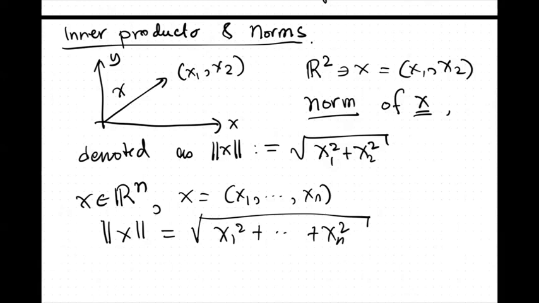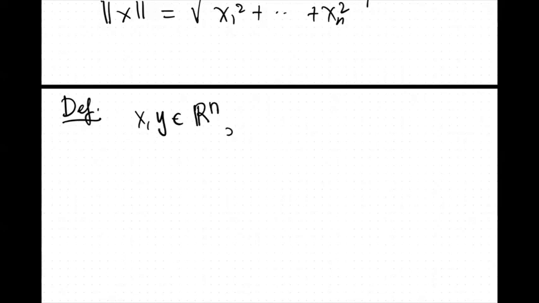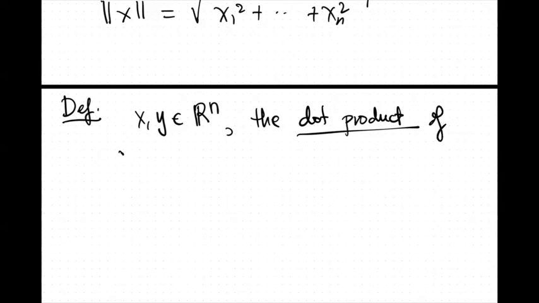Okay, let us define some elementary definitions from our calculus. For x and y in Rn, the dot product of x and y, denoted x dot y, is given by x1 y1 plus up to xn yn.